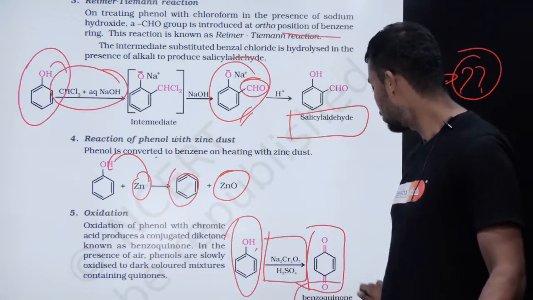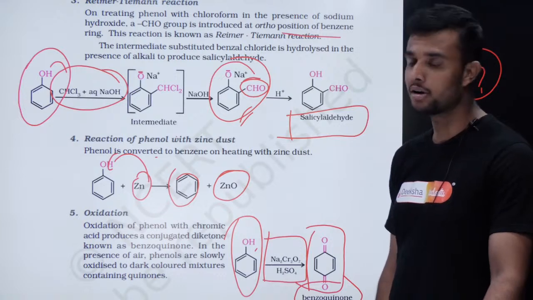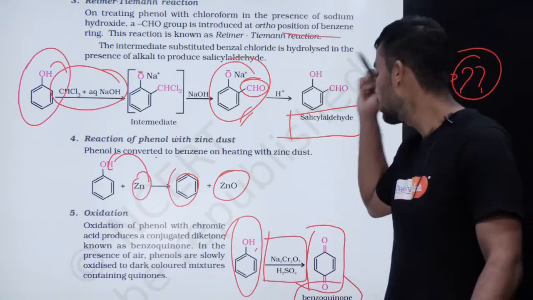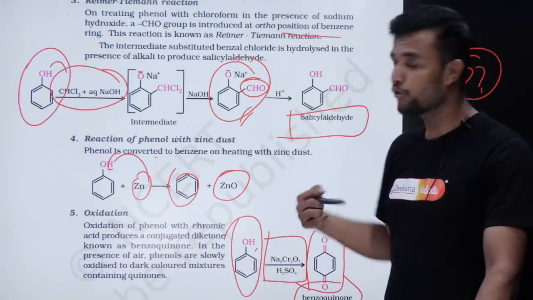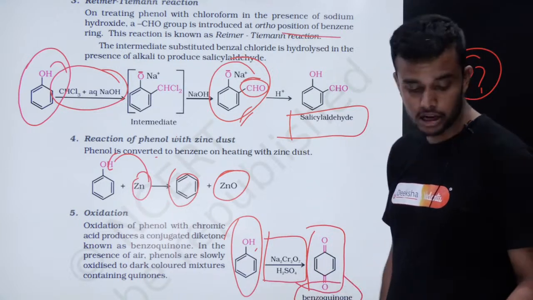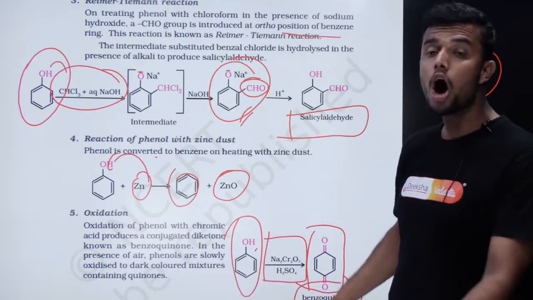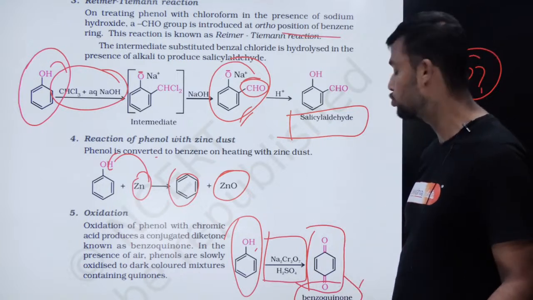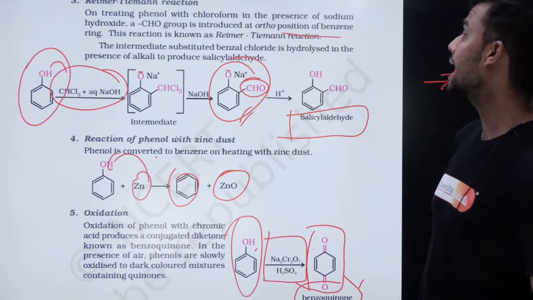What is the name of this compound? Benzoquinone. With sodium dichromate, Na2Cr2O7, and H2SO4 or an oxidizing agent, it yields benzoquinone, a conjugated diketone.